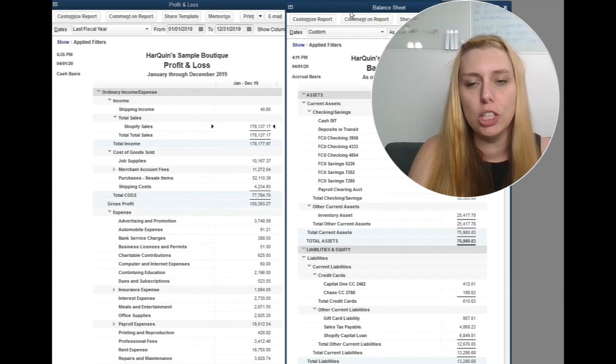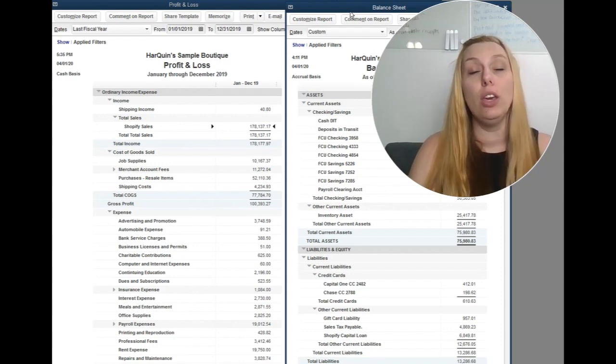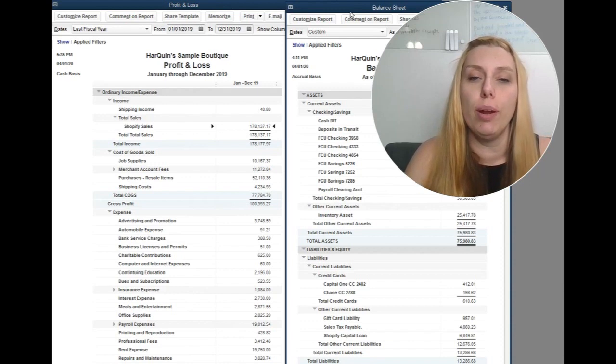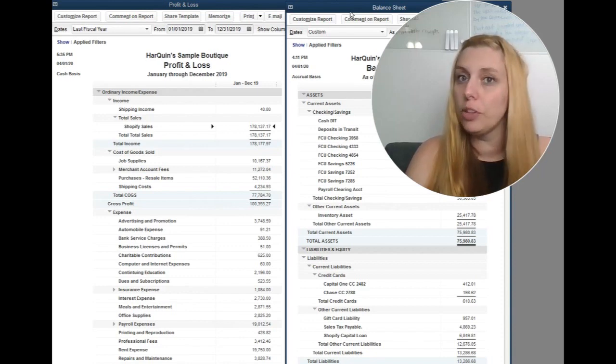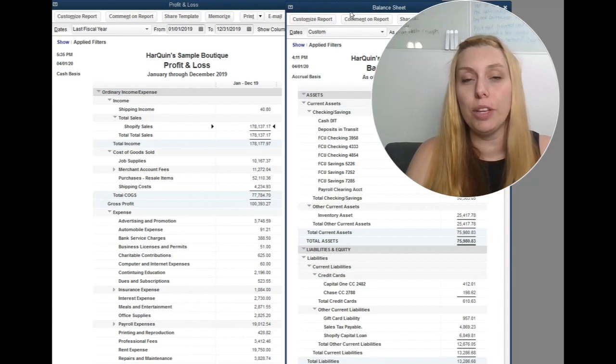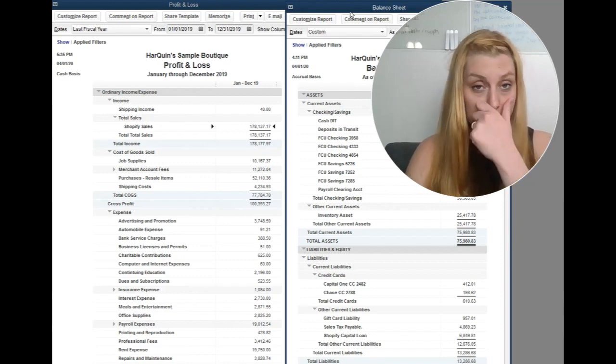Cash means you count something as income when it was paid to you, and you count an expense when you've paid for it. Accrual means you count something as income when you've earned it, not necessarily when you were paid. And the same with expense, when you incurred the expense, not when you paid for it. So that is the difference.